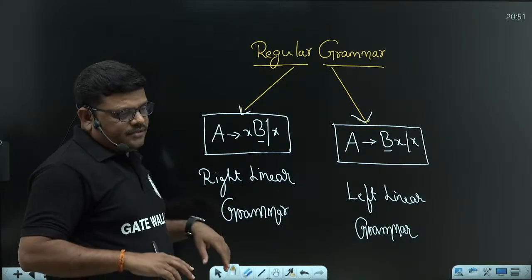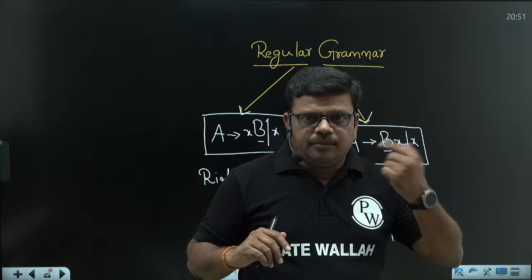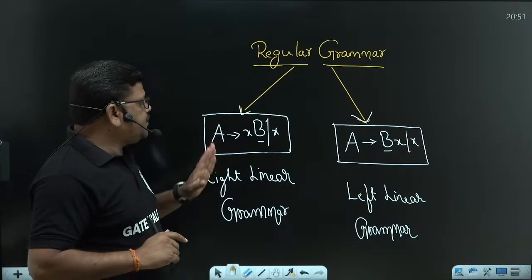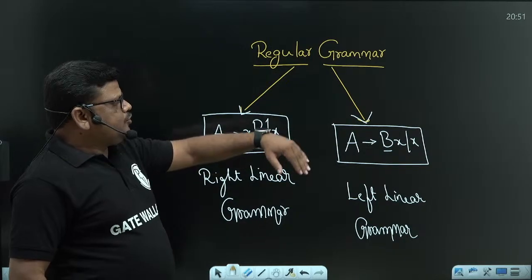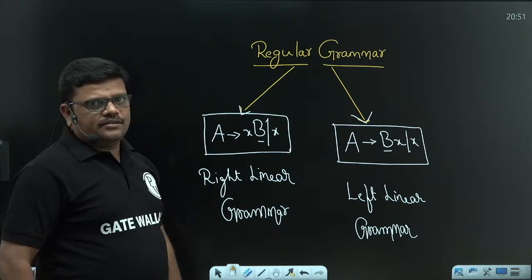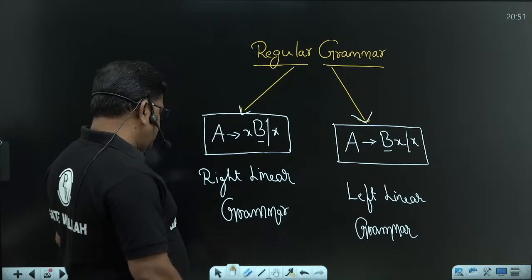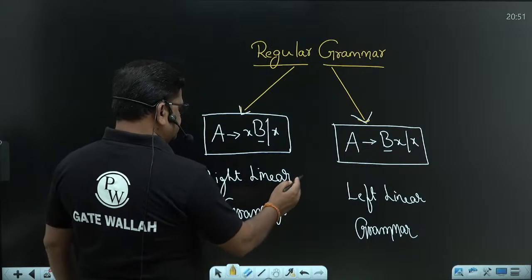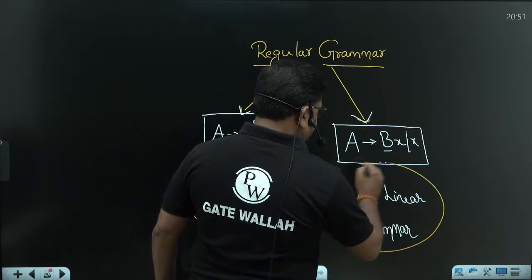So regular grammar is nothing but one non-terminal on the left side and at most one non-terminal on the right side. If it is in the rightmost position, it is right linear grammar. If it is in the leftmost position, it is left linear grammar.